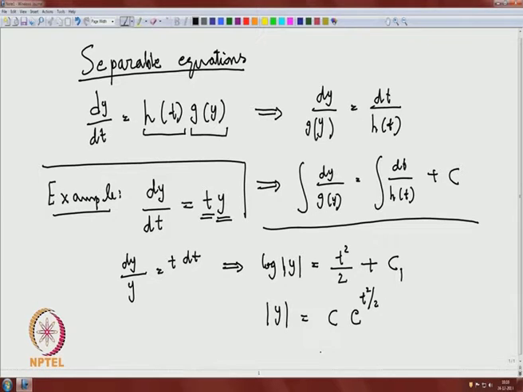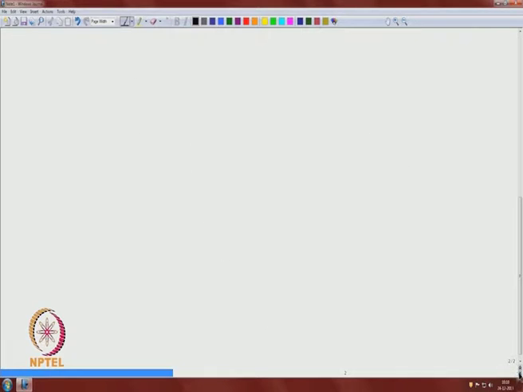But then the same procedure which I have told, this is a continuous function whose modulus is constant, implies finally y is of the form c e power t square by 2. This all of you are familiar with, and it is much easier. So, I will go to the next example.